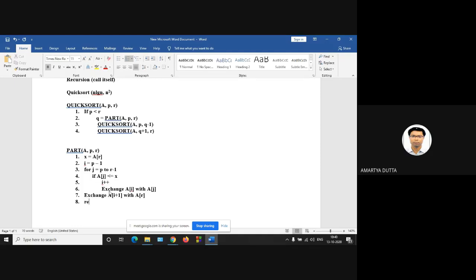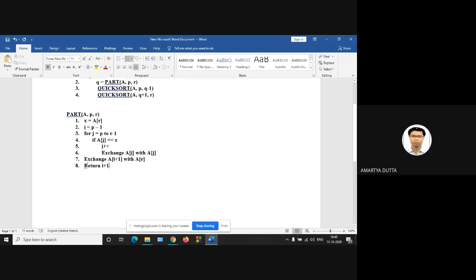And finally, return I plus 1. So this is the partition function.